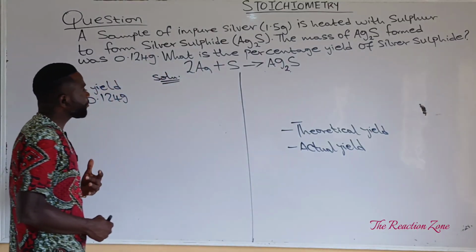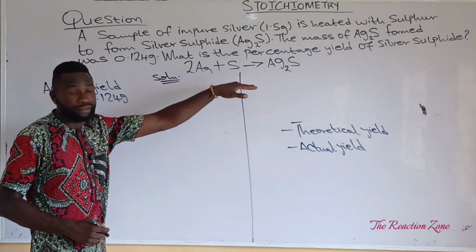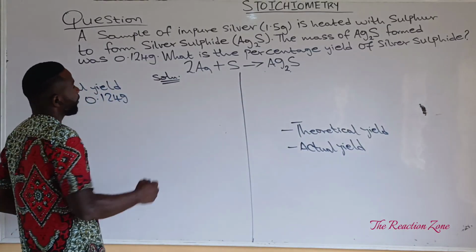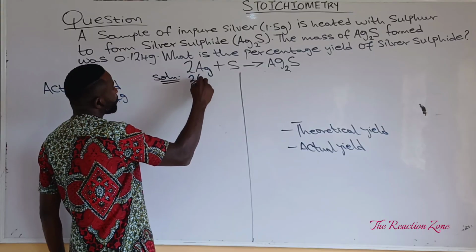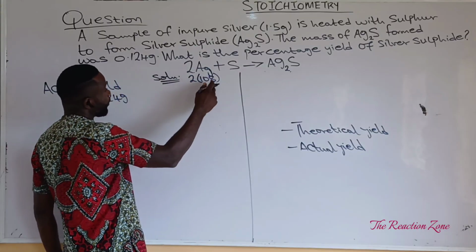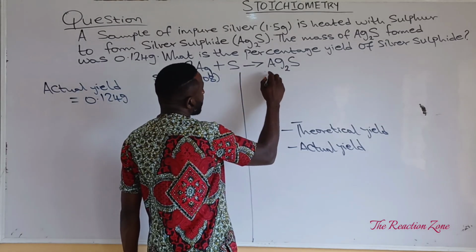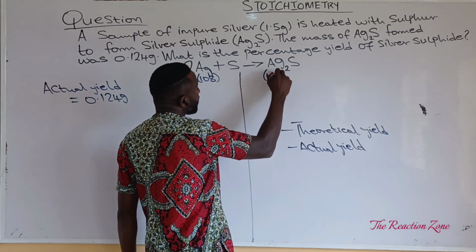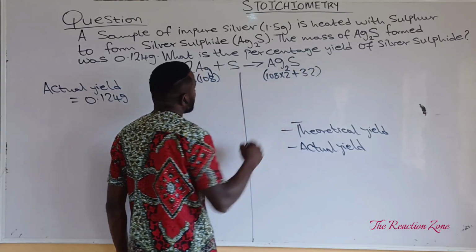So, we will have to find the value of the theoretical yield using this chemical equation. According to this chemical equation, the mass of silver here is 2 times 108. 108 is the molar mass of silver. And the mass of silver sulfide here will be 108 times 2 plus 32.